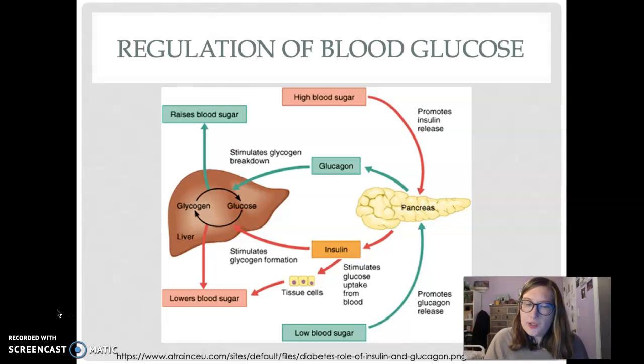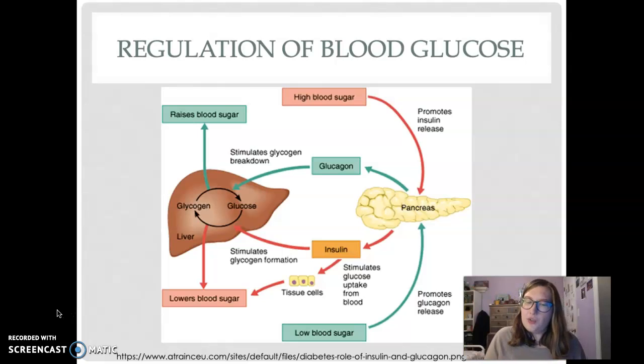Next, the presence of insulin in the bloodstream stimulates glucose uptake from the blood in the cells of body tissues, primarily muscle and adipose cells, thus lowering blood sugar. Additionally, insulin stimulates glycogen formation in the liver to lower blood sugar, as glycogen is the stored form of glucose.